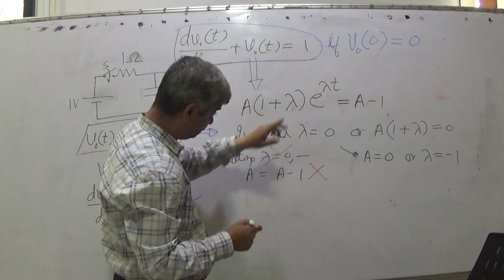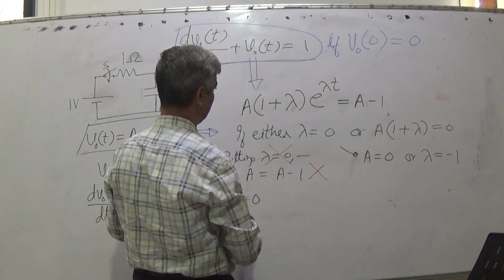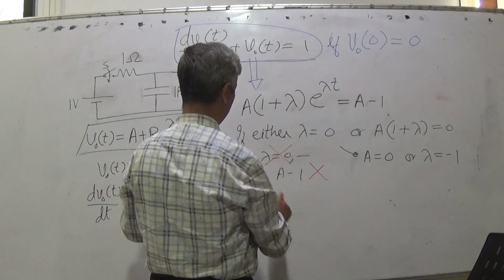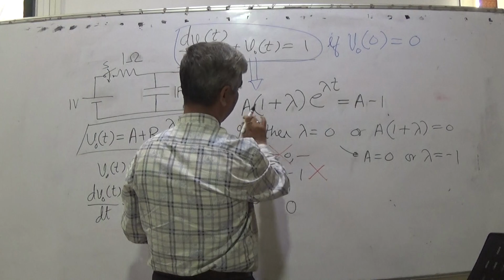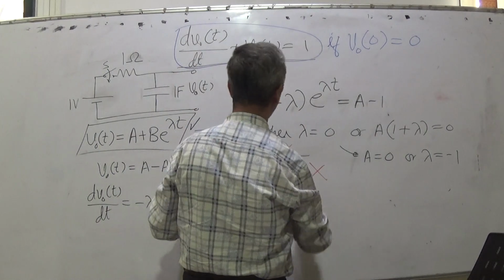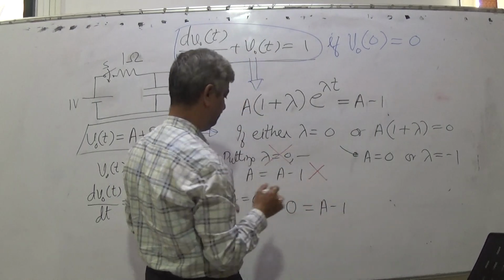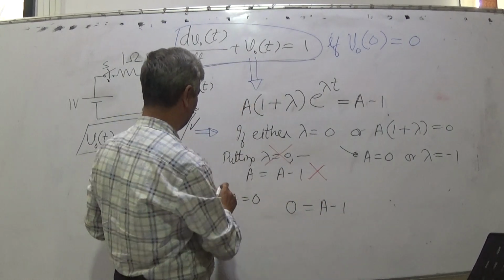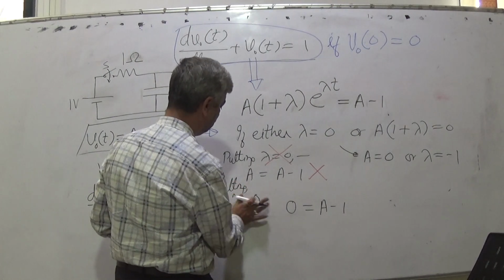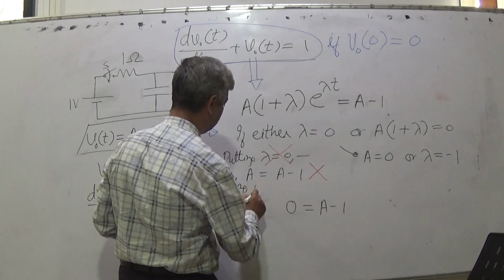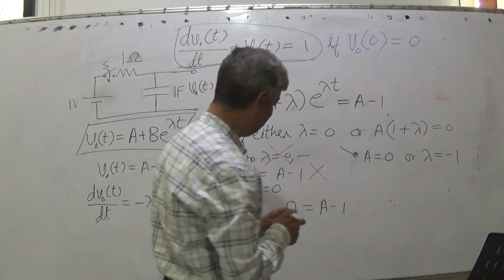These are the possibilities I am talking about. If a is equal to 0, what will happen? Putting a equal to 0, the left-hand side is 0, and the right side is a minus 1.